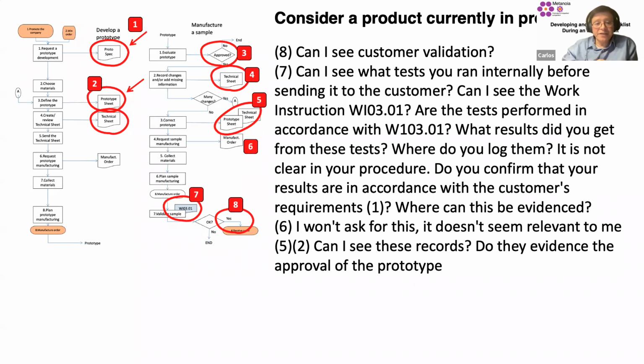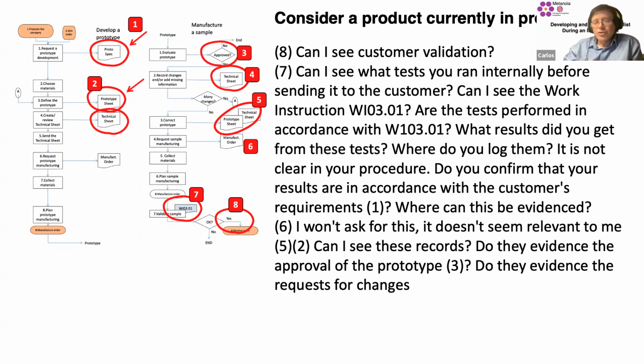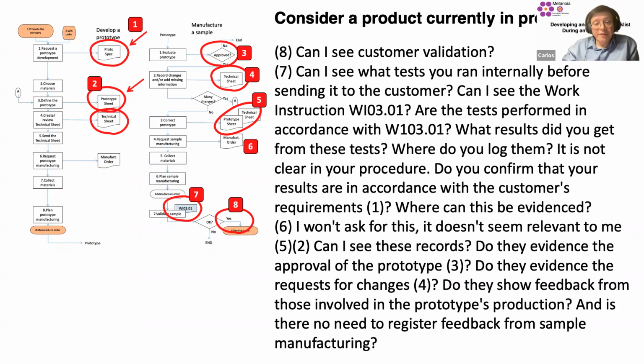Do they evidence the approval of the prototype? Do they evidence the requests for changes? Do they show feedback from those involved in the prototype's production? And is there no need to register feedback from sample manufacturing? I don't see anything in the flowchart about that.